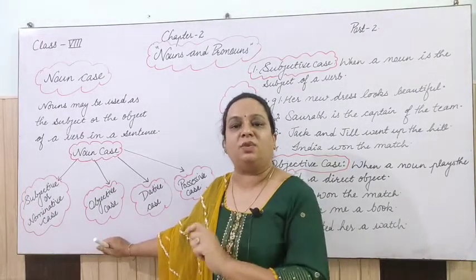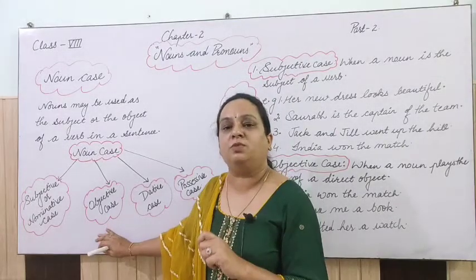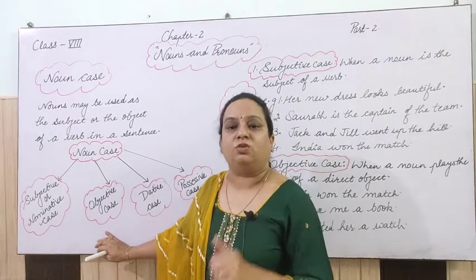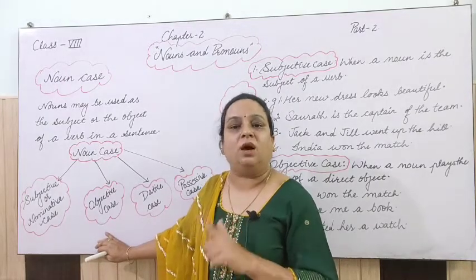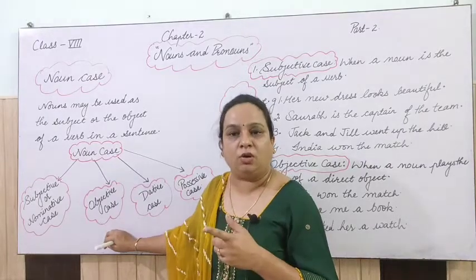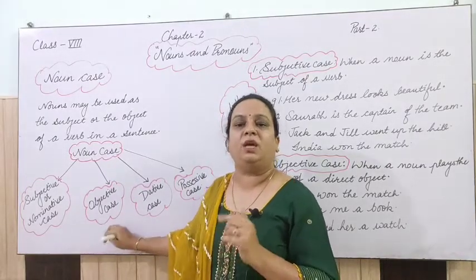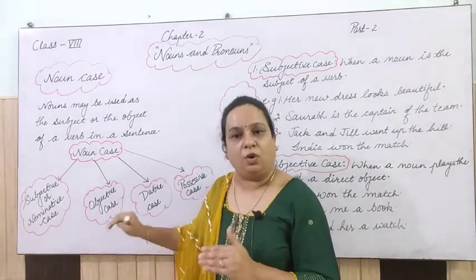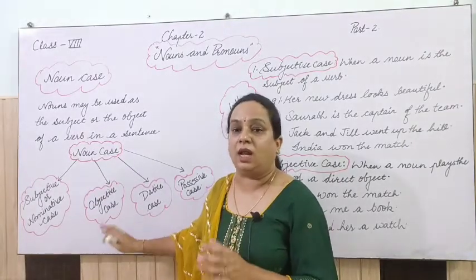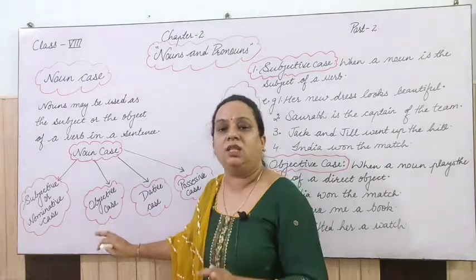The position of the object is after the verb. Here she is the subject, gave is the verb, and me is a person, which is the indirect object. The thing is a chocolate, so a chocolate will be the objective case there. The objective case will be the direct object, and direct objects are always the things.